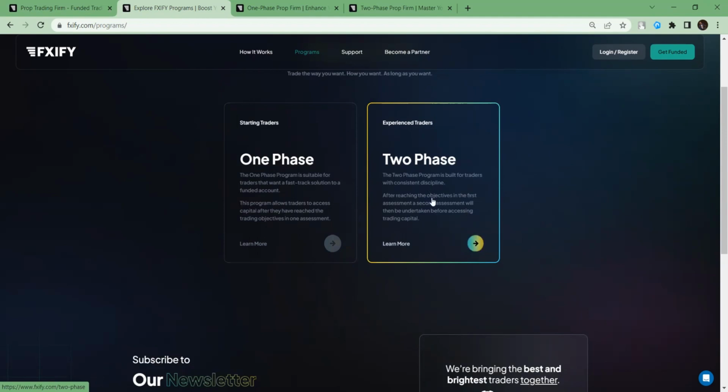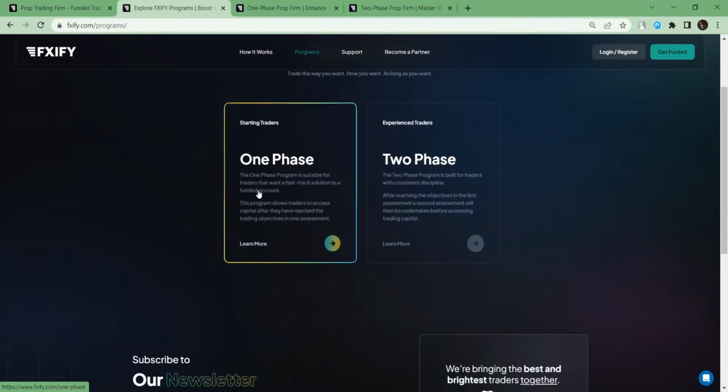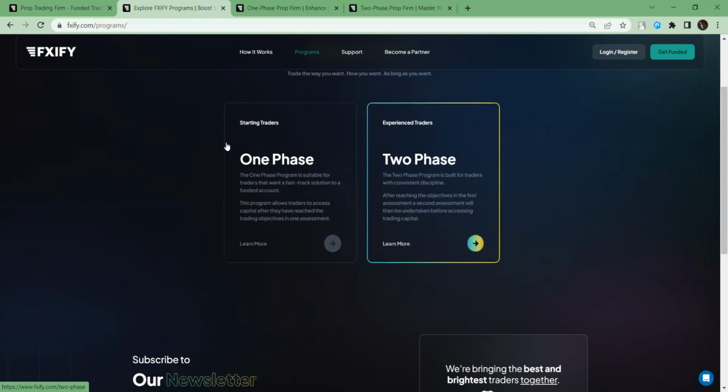The two phase might actually take more time because there are two phases that you need to go through before you get funded, whilst in one phase, there's only one evaluation, one challenge or one test that you need to pass before you get funded. So right now, let's go into detail to understand these challenges, what makes them different, and which one you should choose. All right, so let's go.